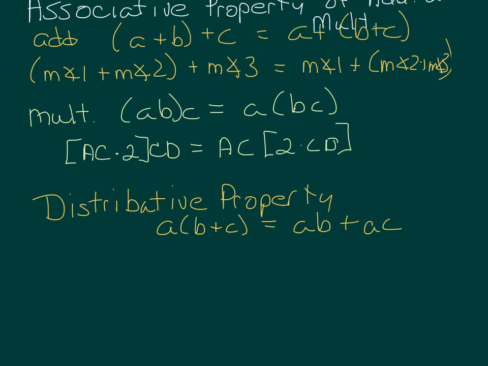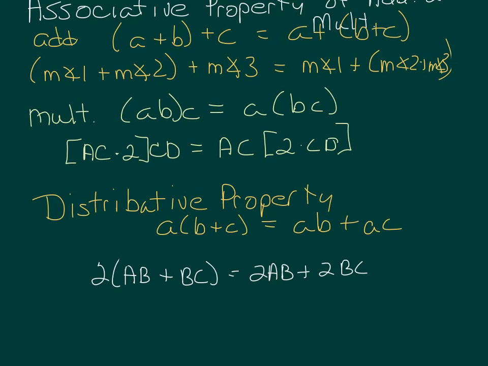All right. If we're thinking about it in terms of geometry, twice the measure of the sum of the lengths of segment AB and segment BC is the same as twice the length of AB plus twice the length of segment BC.